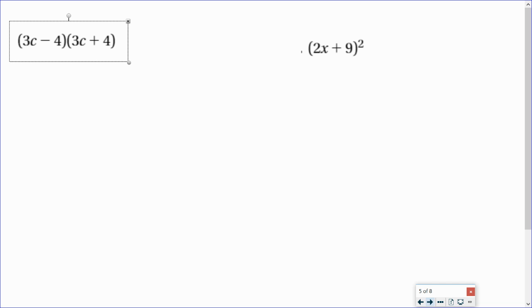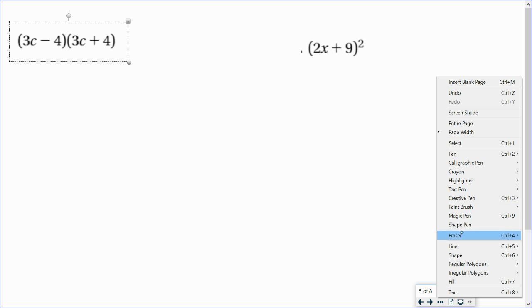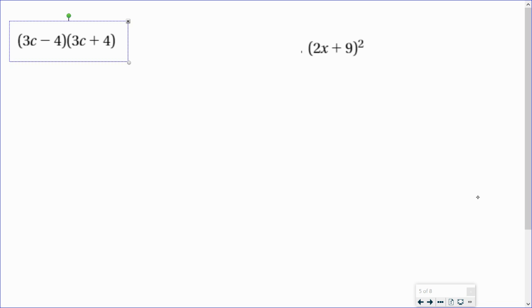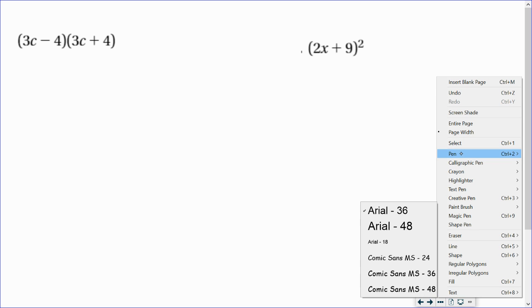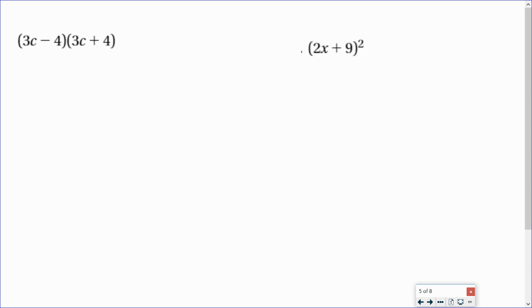Alright, so now as I look at this one, I'm going to multiply these. 3c times 3c is 9c squared. 3c times 4 is 12c.